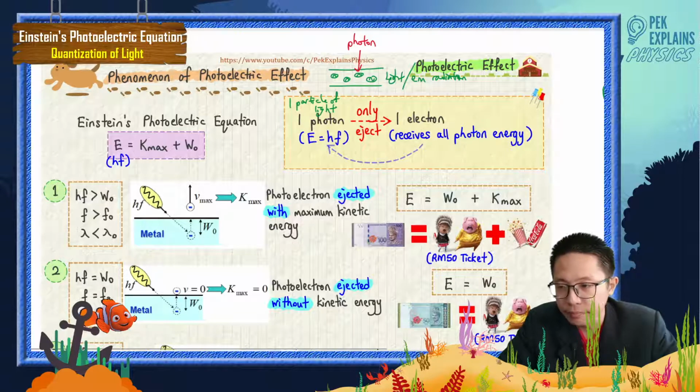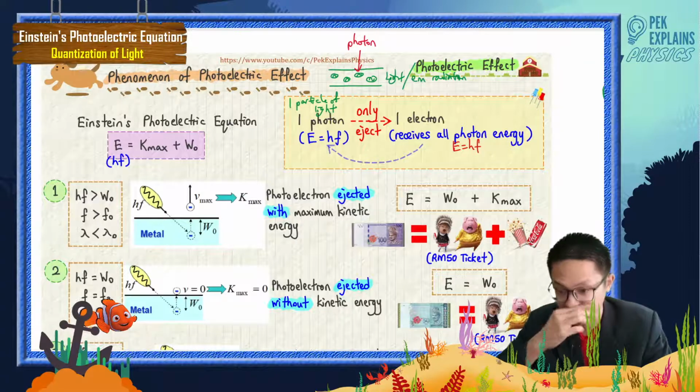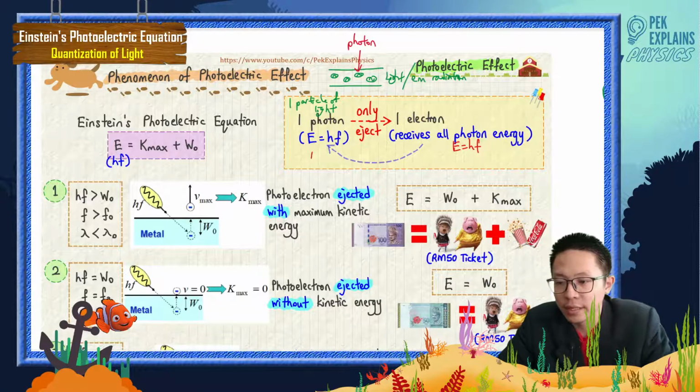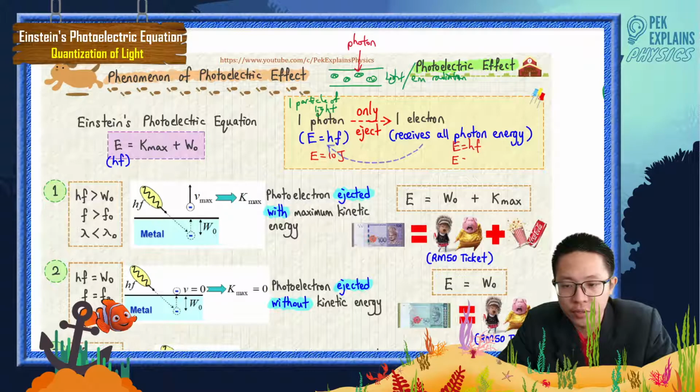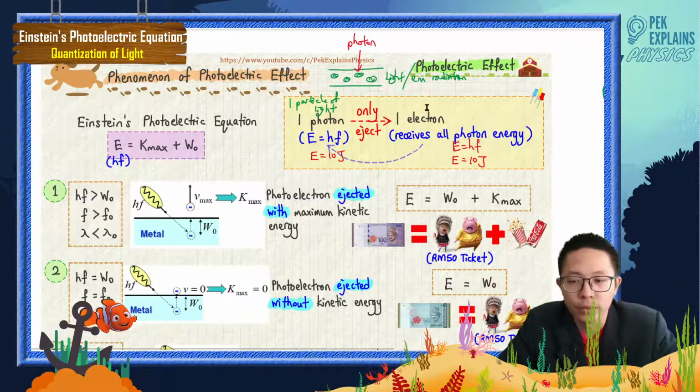If, let's say, the energy of the photon is 10 joule, the electron will absorb all 10 joule. But 10 joule is too big a number. It's not 10 joule. This is just an assumption. The electron will absorb all the energy from the photon.